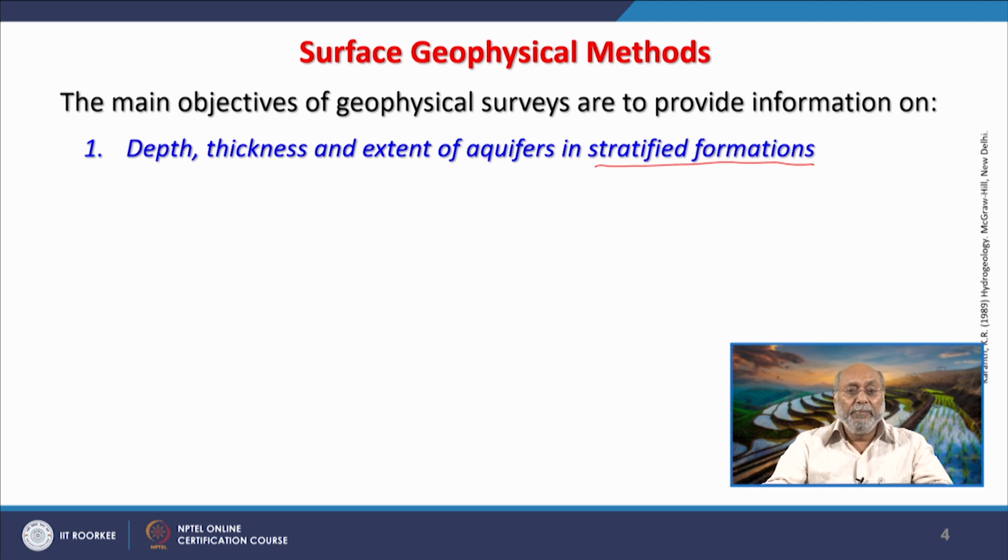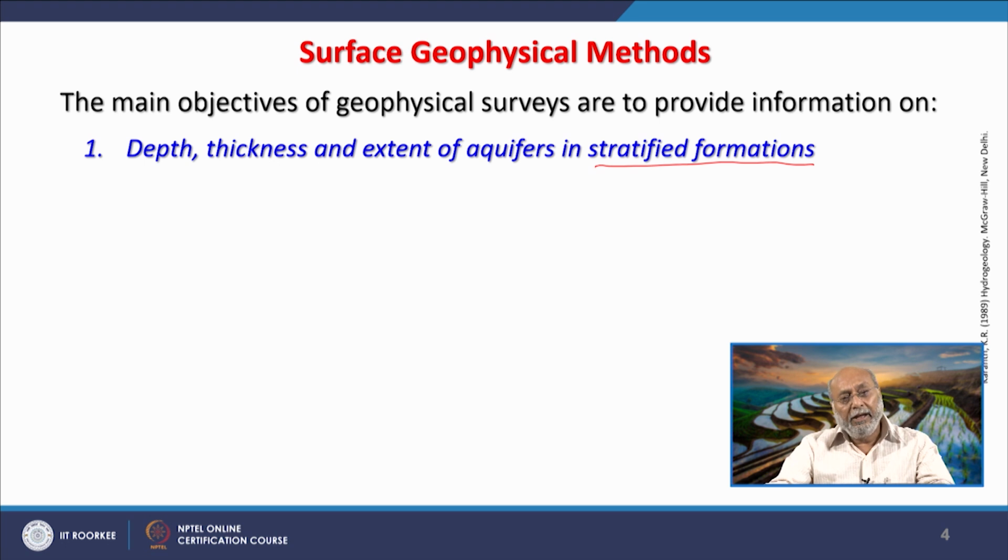Stratified formations may be an igneous terrain where the top part is weathered, fractured, and the lower part might be full solid rock. So, there are basically 2 strata, or loosely we can say 2 formations, one is the weathered one, another one is a consolidated one. So, that is why this term is used as stratified.